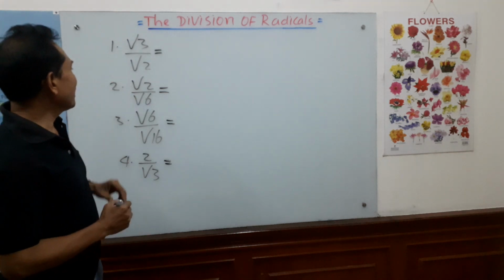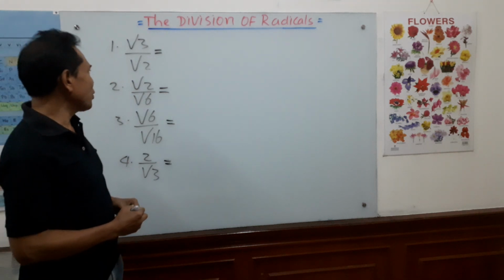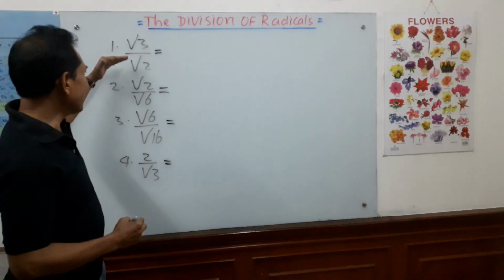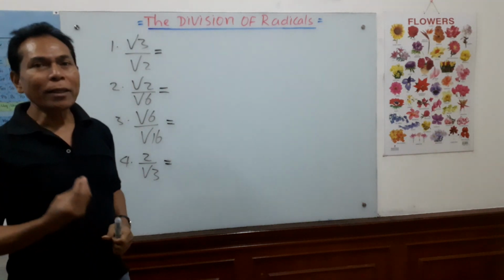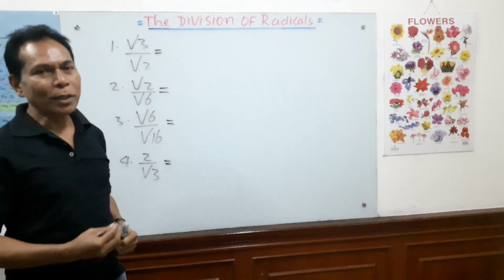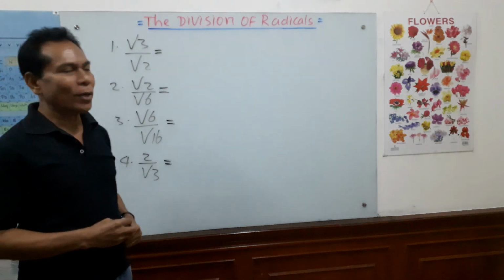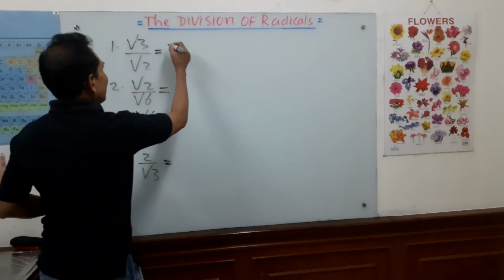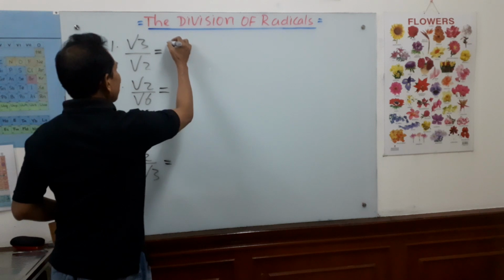Now, to work this out, we need to rationalize the denominators, okay? We rationalize the denominators with the aim to create a perfect square, to make it easier for us to solve these kinds of problems. So let's start doing this one by one.